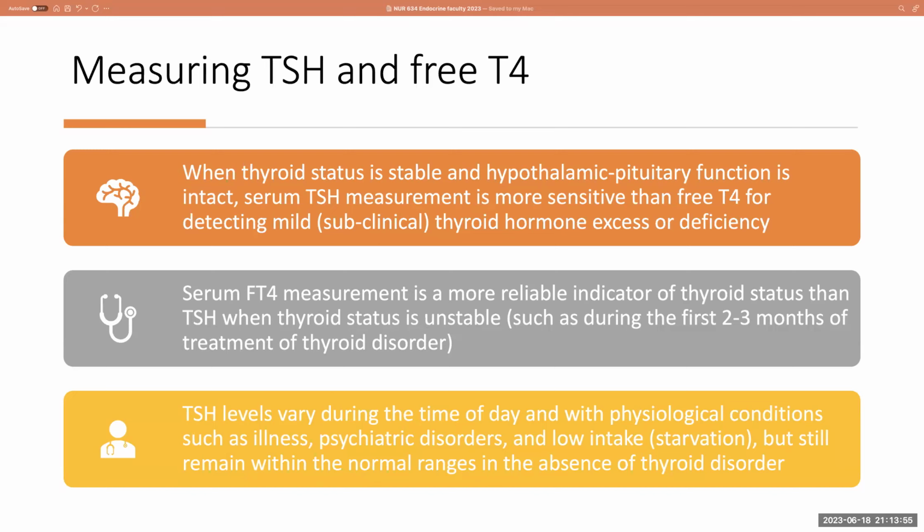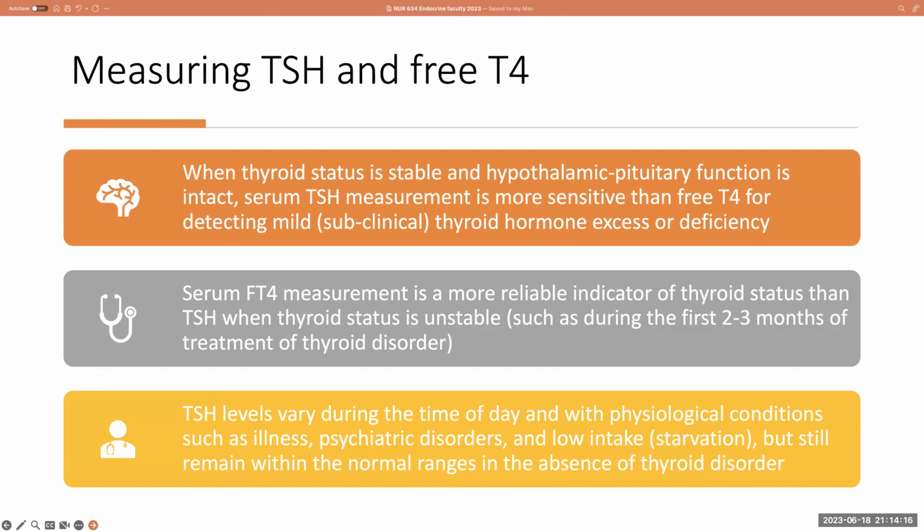There are some things that can vary TSH levels: time of day, some psychological and physiological conditions, illness, psychiatric disorders, starvation, but it still will almost always remain in normal range in the absence of thyroid disease.